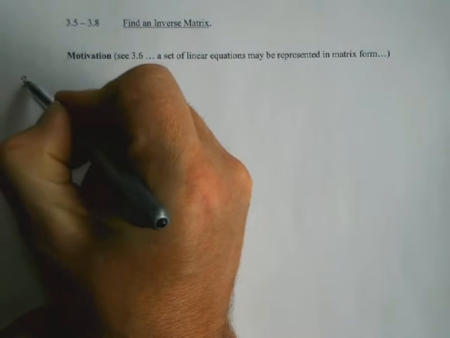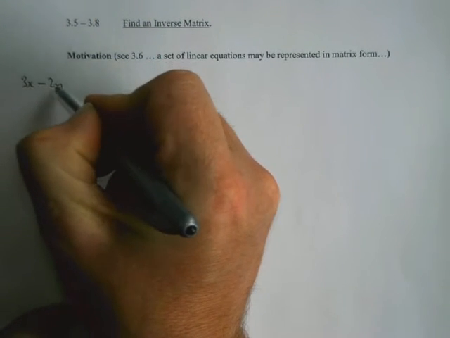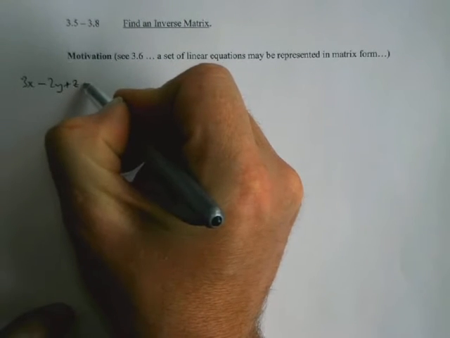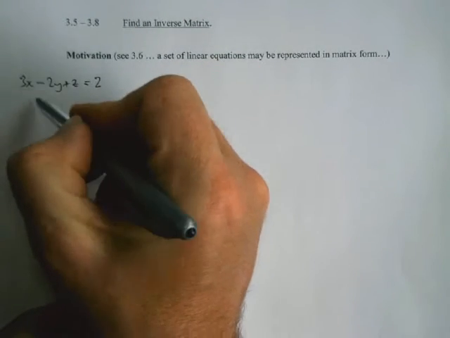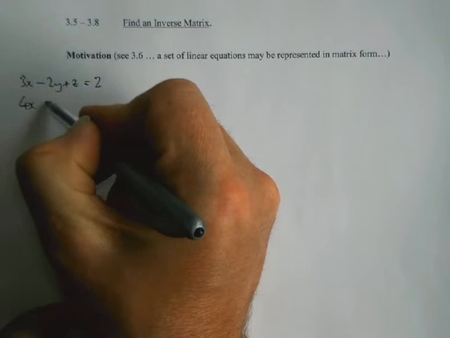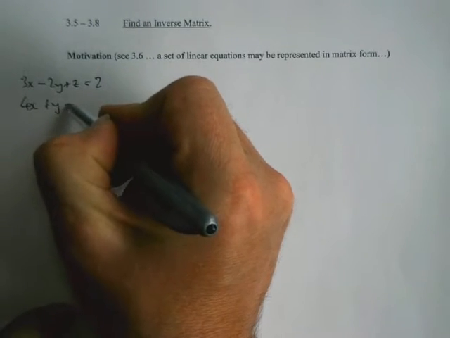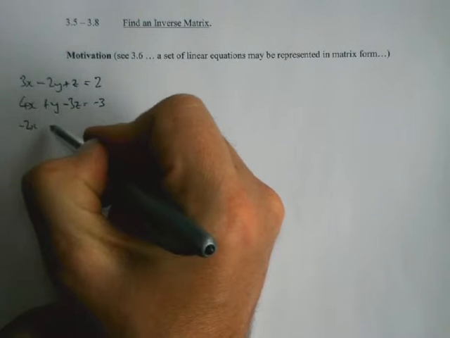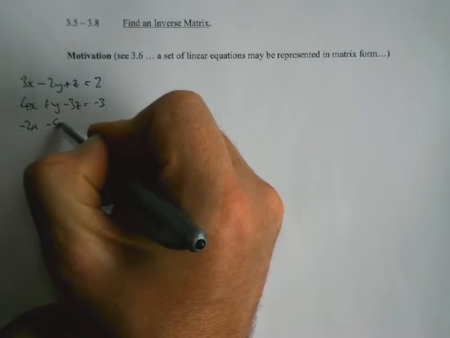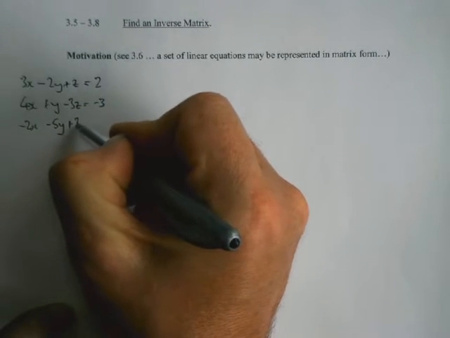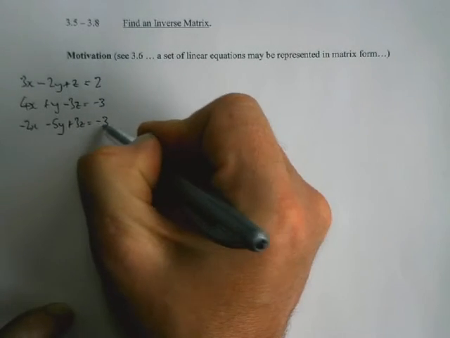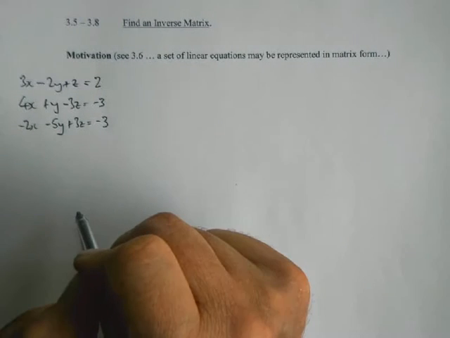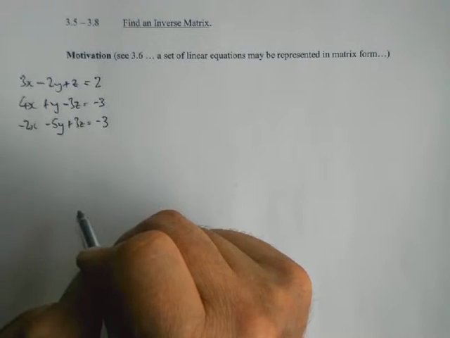equations. So if we have three equations with three unknowns, so that's the first one, and then 4x plus y minus 3z equals negative 3, and negative 2x minus 5y plus 3z equals negative 3. So I have three equations and three unknowns. I can write that as a matrix equation.